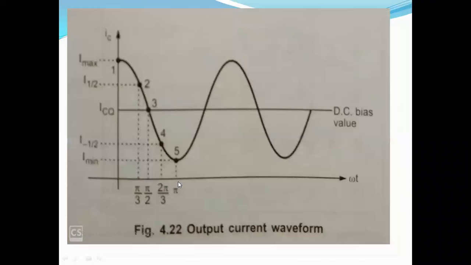Similarly, at point 5, omega t is pi and collector current is I minimum. So the equation becomes I minimum is equal to ICQ plus B0 minus B1 plus B2 minus B3 plus B4. Consider this one as the next equation.